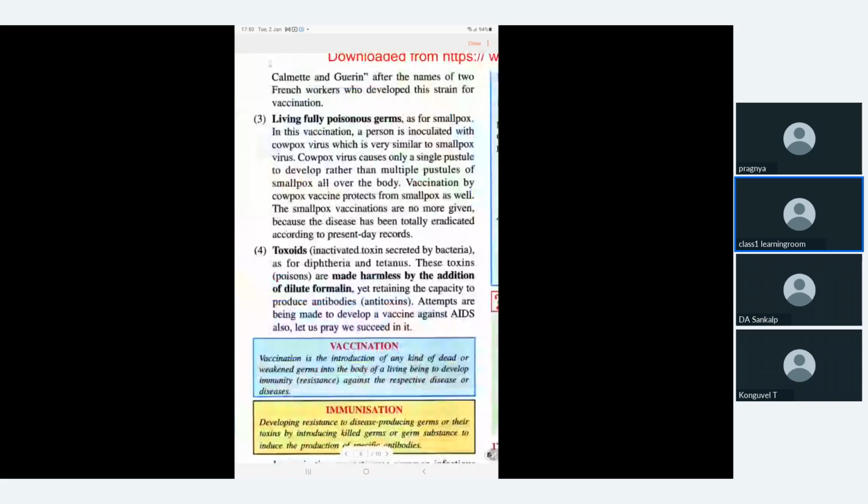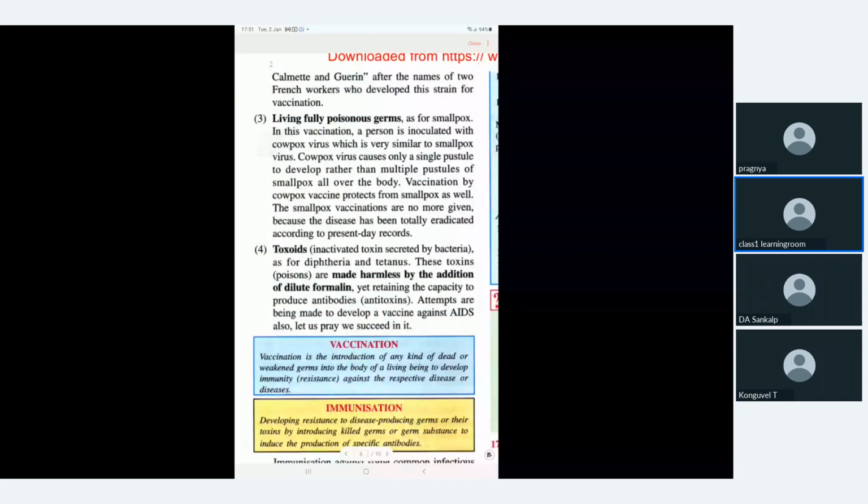What's called toxoid vaccine? Not the bacteria or the virus as a whole used as vaccine, but the pathogenic part of the bacteria and viruses, the toxins produced, are used as vaccine. So that's called toxoid vaccine. Fine. So they are the different types of vaccines.